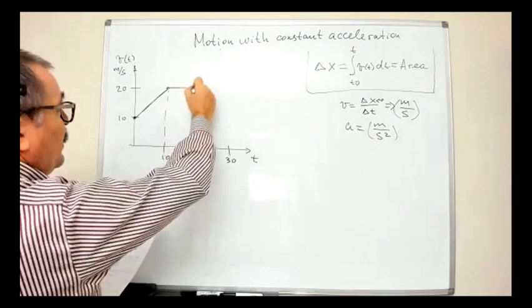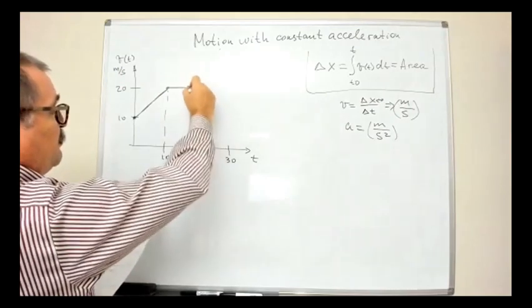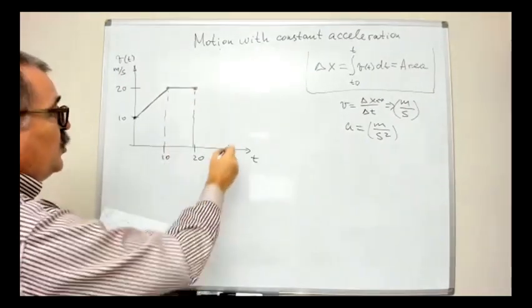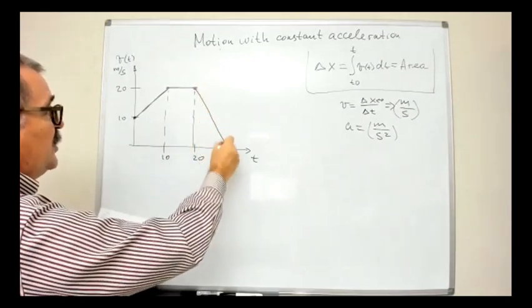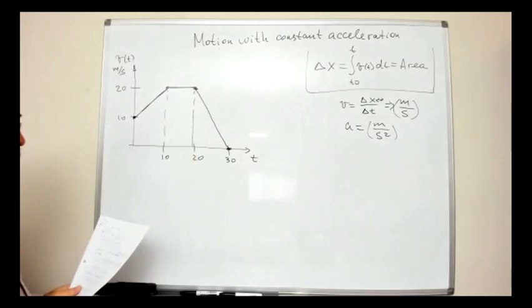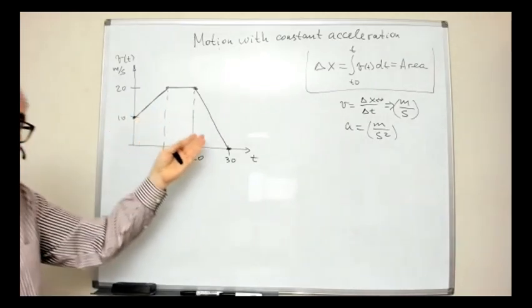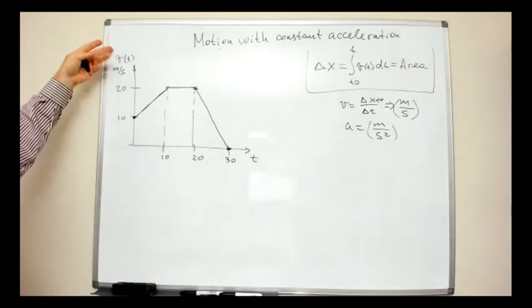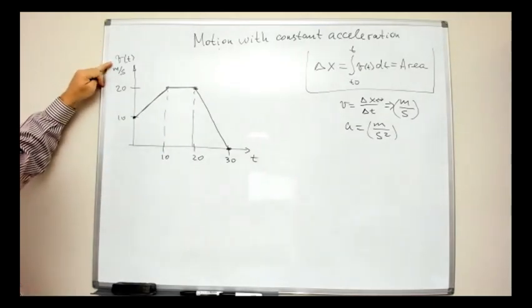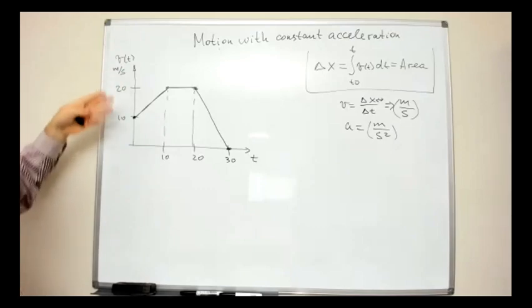And finally, it decelerates its velocity toward zero during the next 10 seconds. So it just goes like this. So it's one possible motion, and I represent here how the velocity for this particular kind of motion depends on time.